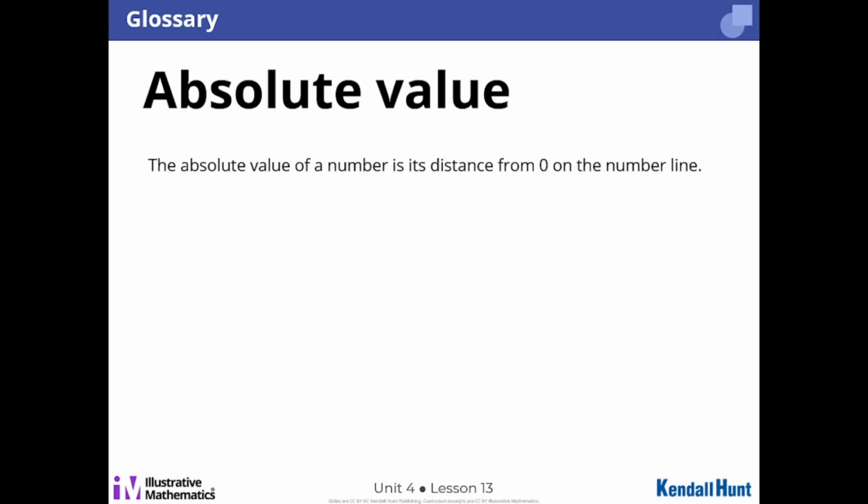We only care how far from 0 it is. So, whether I'm 5 above at positive 5 or whether I'm 5 below at negative 5, I don't care about the sign. I just care about the fact that I'm 5 numbers away from 0.